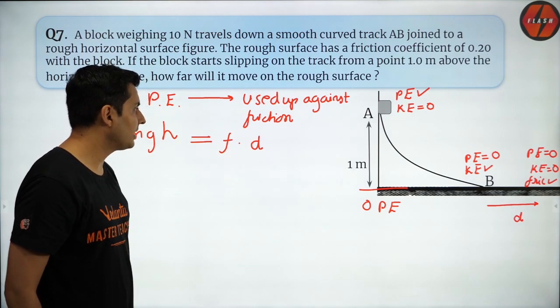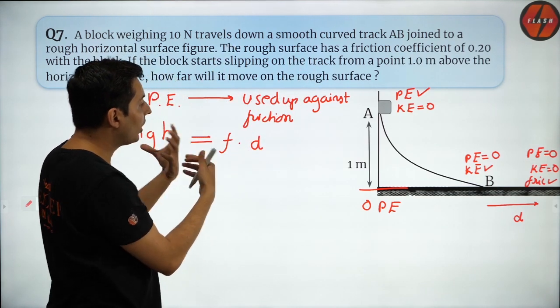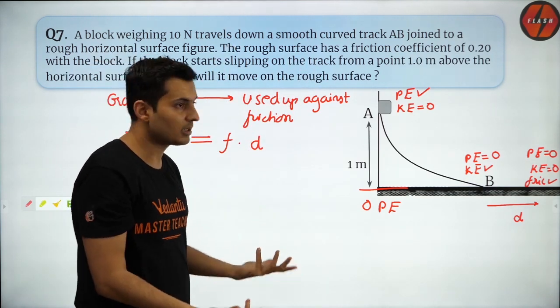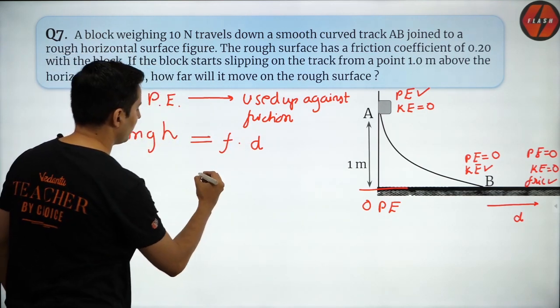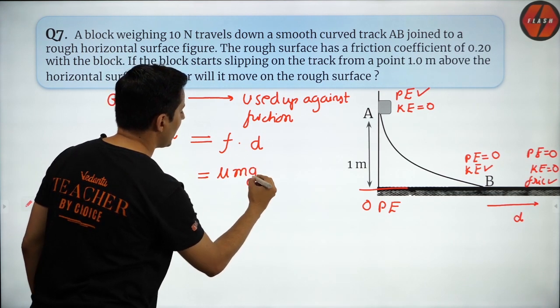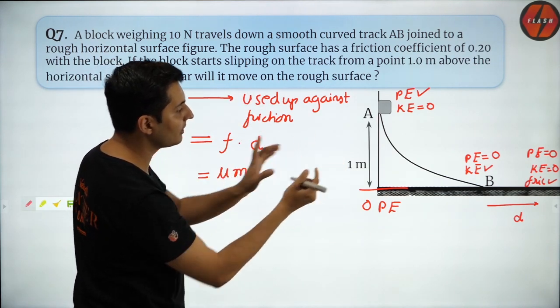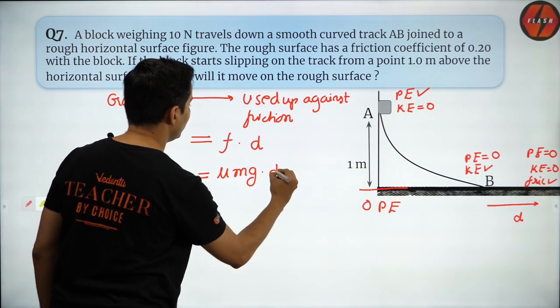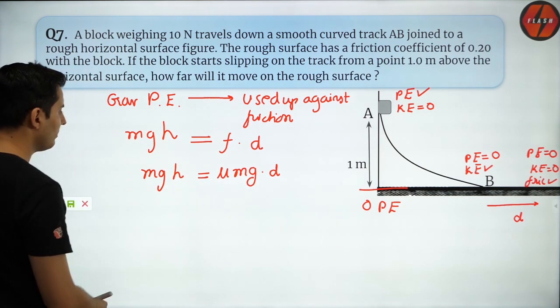Please do not put a minus sign there. It's energy used up. I'm already talking about the loss of energy. That is a positive number. So F into D. But what is F? It is nothing but mu mg, because normal and mg will be equal in this situation. So into D. It will become mgh is equal to mu mgd.